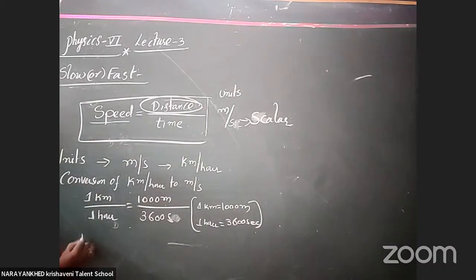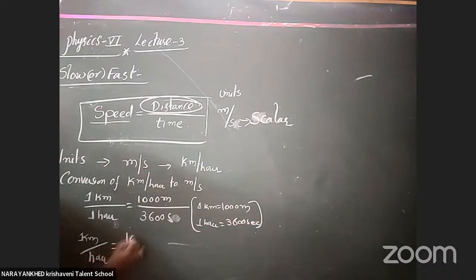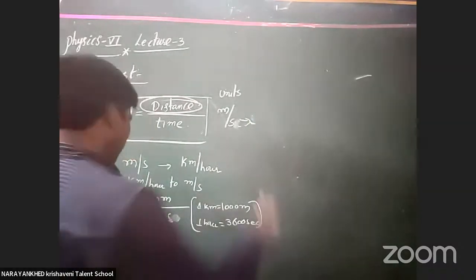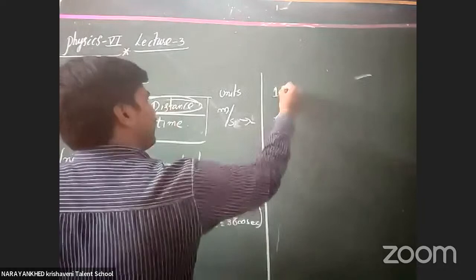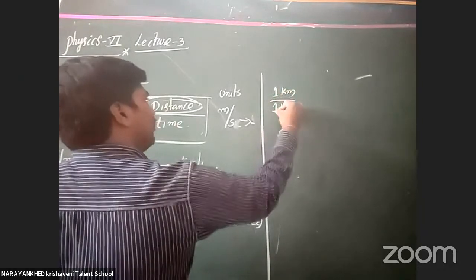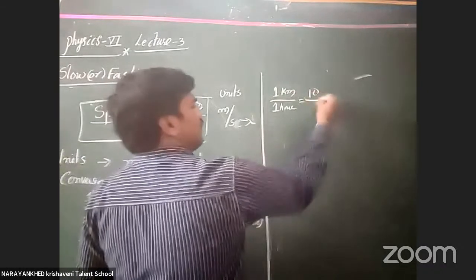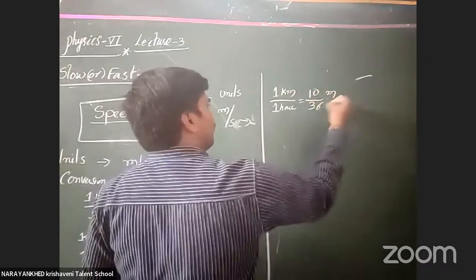Yes, this is the only thing to write. Now 1 kilometer by hour is written as 1000 by 3600 meters per second. These two cancel each other, the zeros cancel each other. Next, what we have to write? Then 1 kilometer by 1 hour is equal to 10 by 36 meters per second.